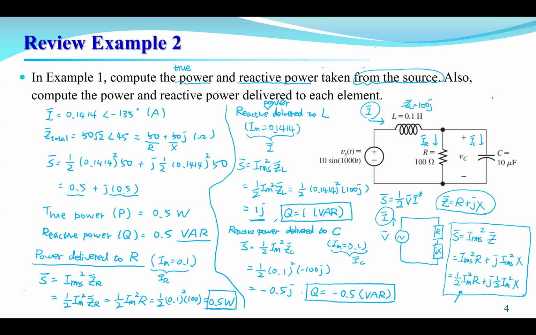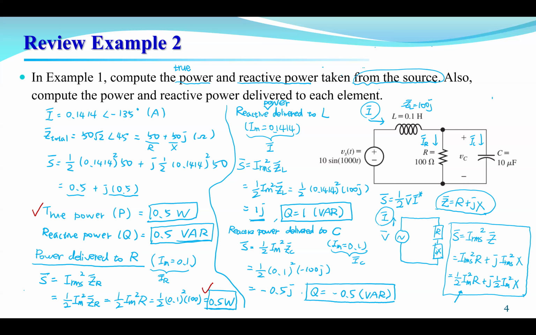And so this is the true power taken from the source, and this is the reactive power from the source. You can notice that the true power delivered from the source is completely consumed by the power delivered to the resistor.